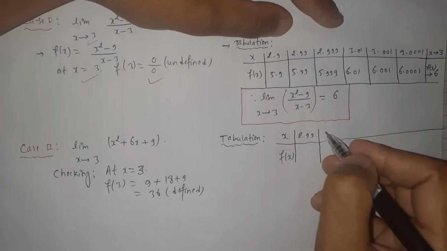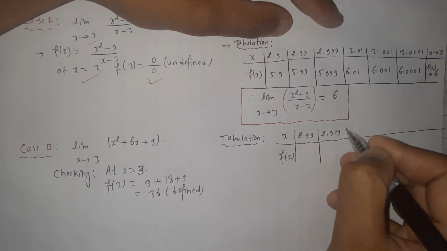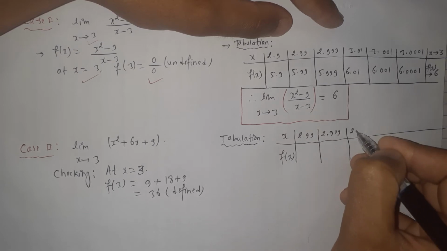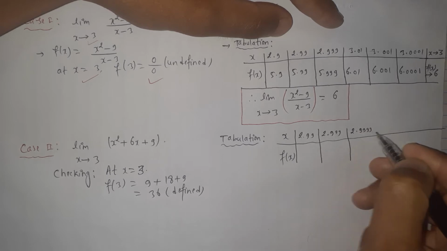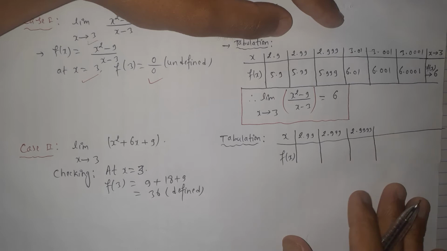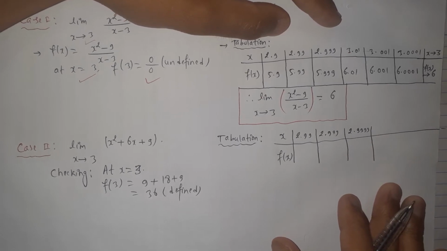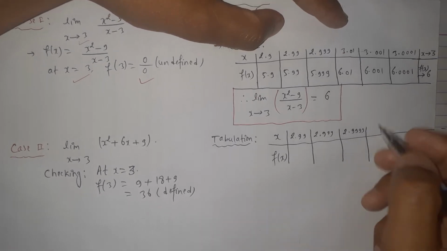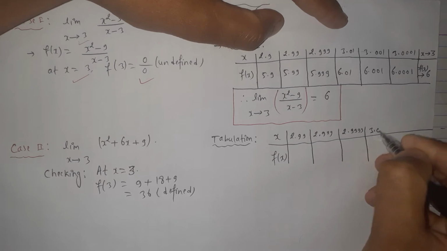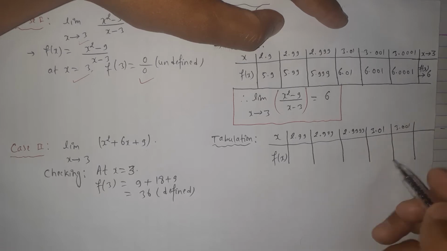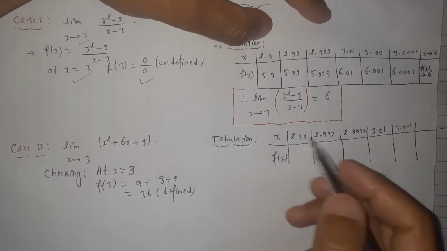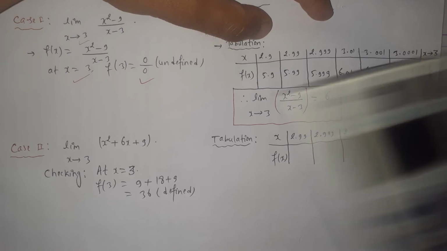We can take the same input here, 2.999, 2.9999, and so on. We can take any values of x very close to 3. 3.01. We can approach 3 from the right-hand side also. Let's calculate the functional value at each point.